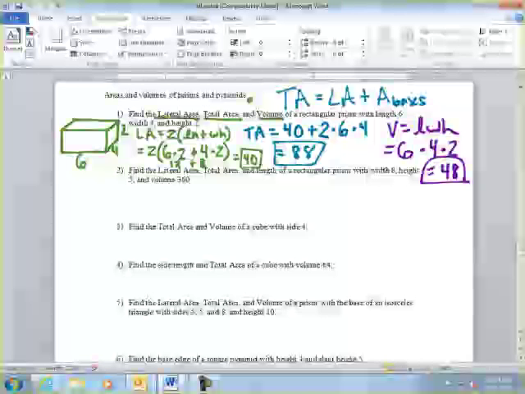But let's say there were units. If our length and width and height were measured in centimeters, what unit would volume have? Centimeters cubed, because it's multiplying 6 centimeters times 4 centimeters times 2 centimeters, which gives us centimeters cubed.